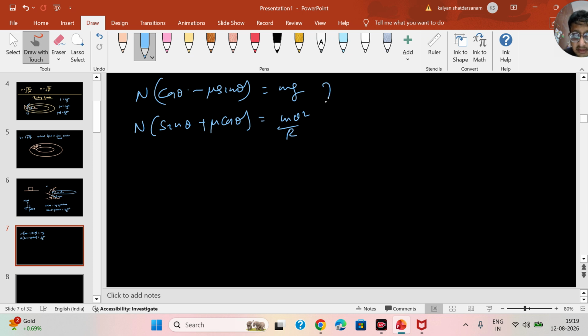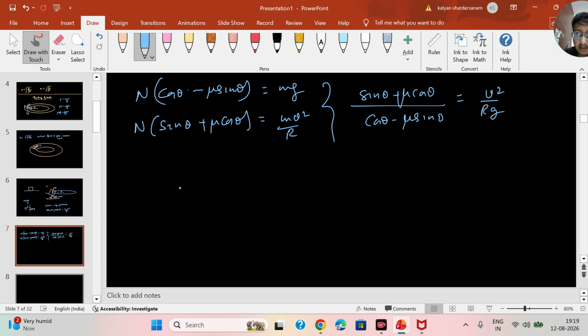We will divide both these equations. So I have sin theta plus mu cos theta by cos theta minus mu sin theta is v square by rg.